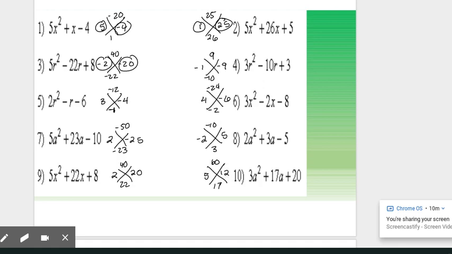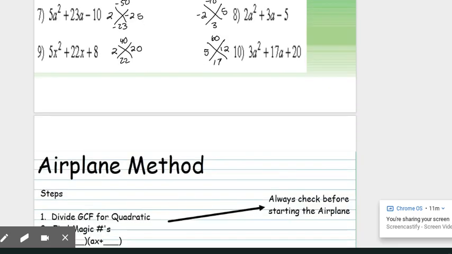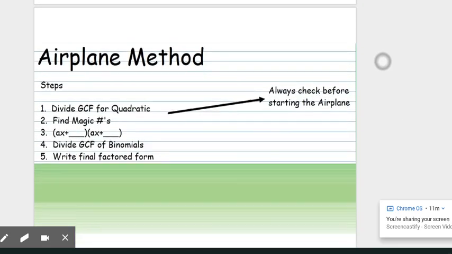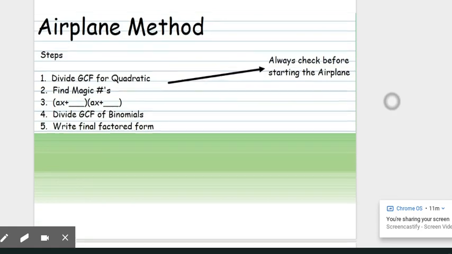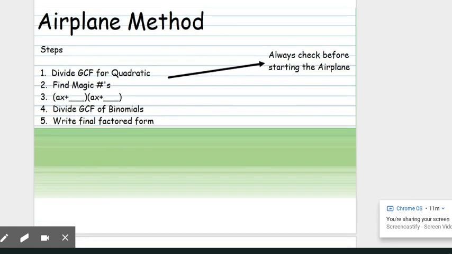Okay. Now, we are going to get into probably the most important thing that we are going to be doing here towards the end of the year, and that is factoring. Now, I'm going to show you a method that I like to refer to as the airplane method. There's different ways to do this.